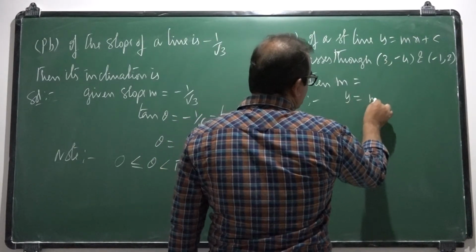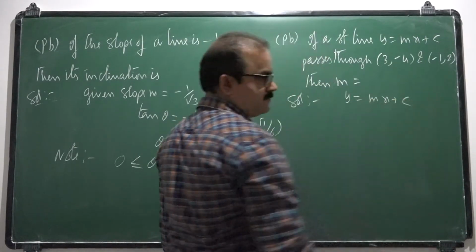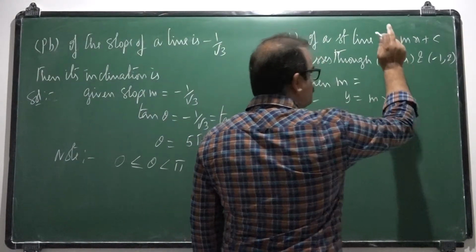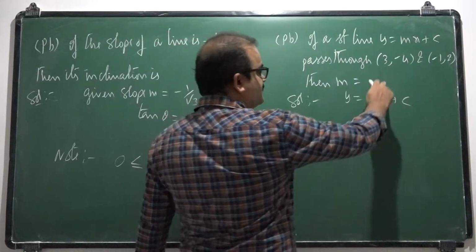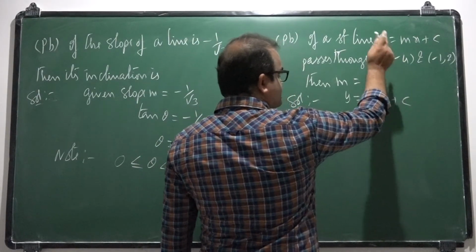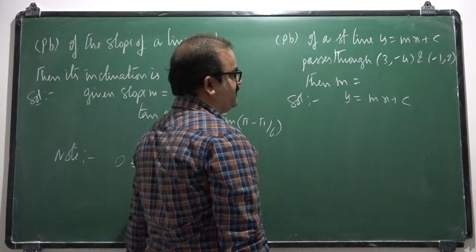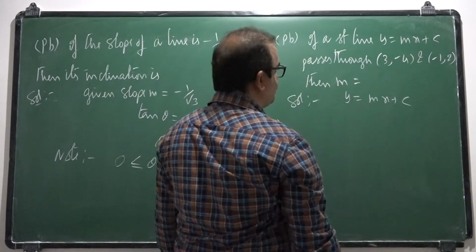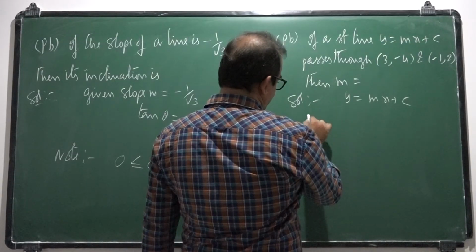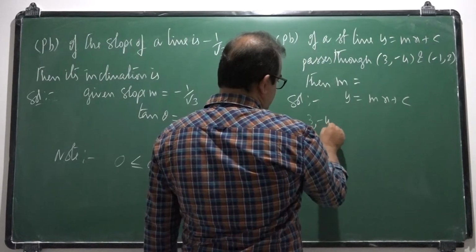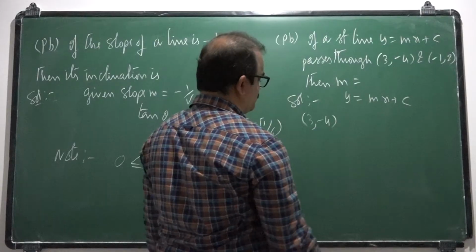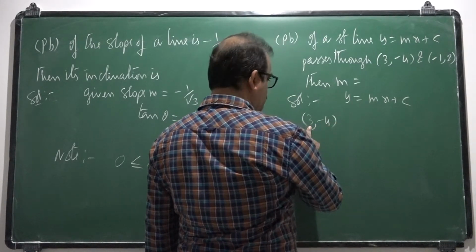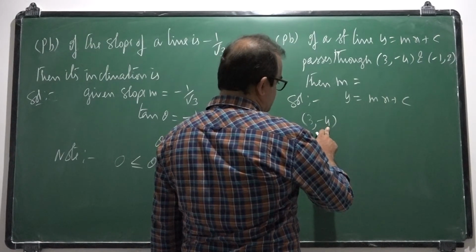Y equals mx plus c. If a line passes through any point, then that point must satisfy the given line equation. So substitute these two points in the given line equation. First we substitute the first point (3, minus 4). We get x equals 3 and y equals minus 4.